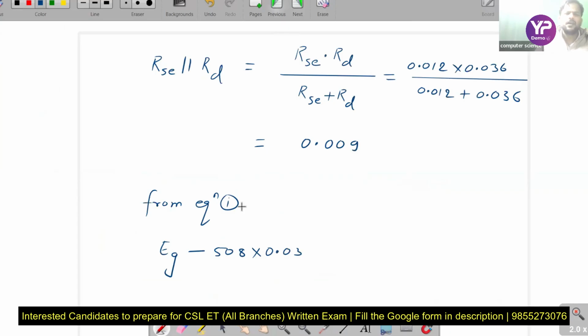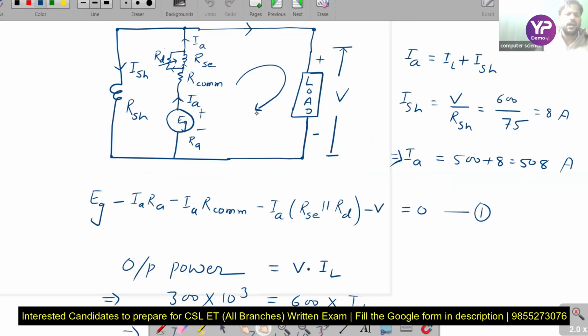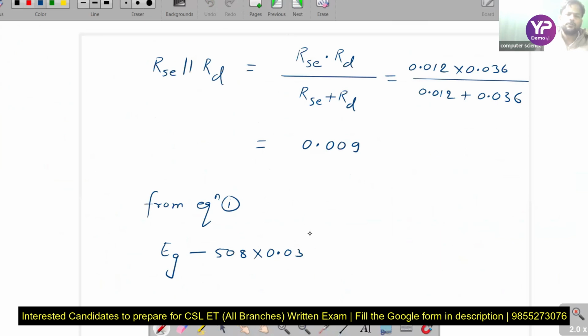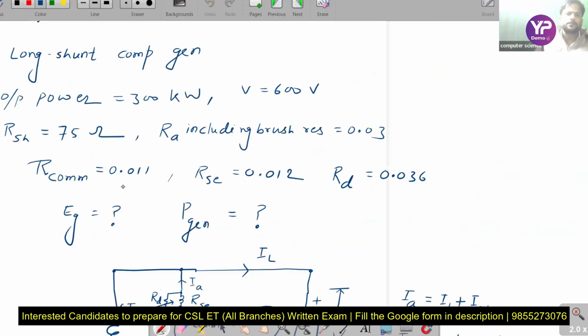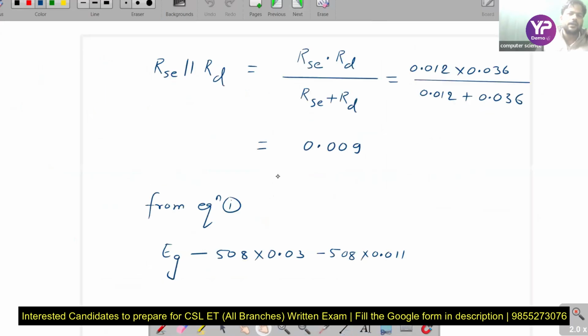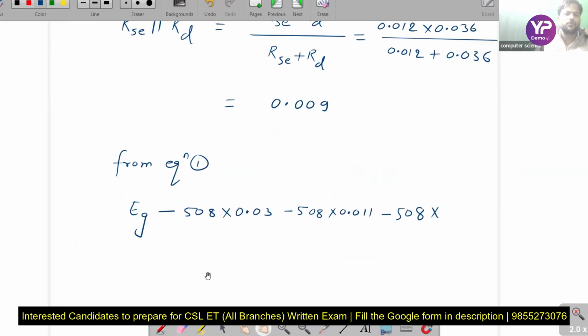Minus IA R commutating, where R commutating is 0.011, that means 508 into 0.011. Minus IA into RSE parallel RD, where IA is 508 and RSE parallel RD is equal to 0.009.